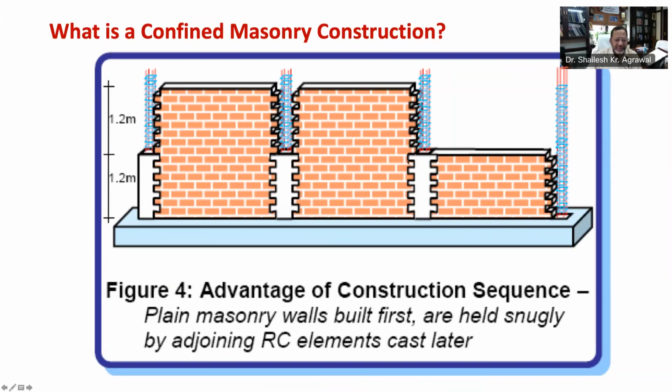Further, confined masonry houses are more economical for the same functional use. For these reasons, confined masonry construction is most suitable for low and medium rise housing in earthquake prone areas than RCC frame construction.